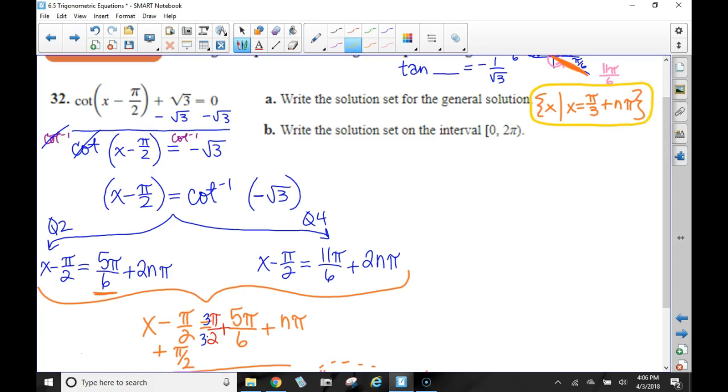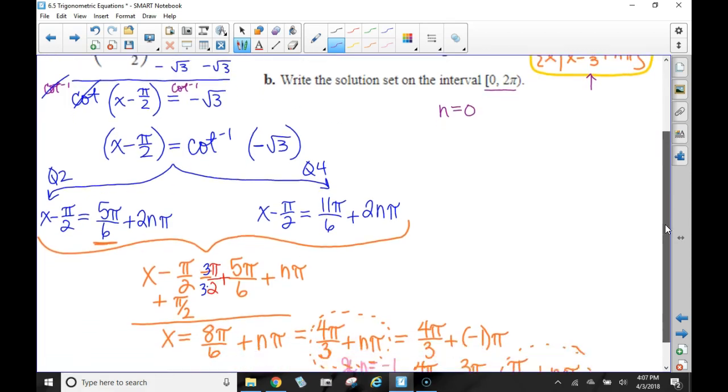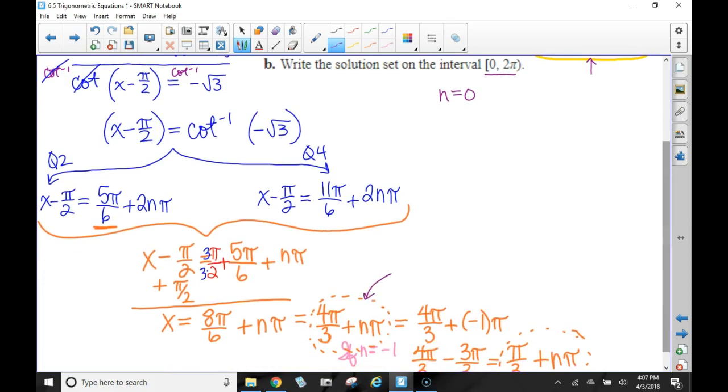And then we're going to use that formula to get some solutions on the given interval. Okay? Now, since we went ahead and backed this up to where we had the smallest positive angle, we can start with n equals 0. If you would have forgot to do that, and you would have used this form of it, you would have had to let n be equal to -1 to get an angle that satisfies that in between 0 and 2 pi.